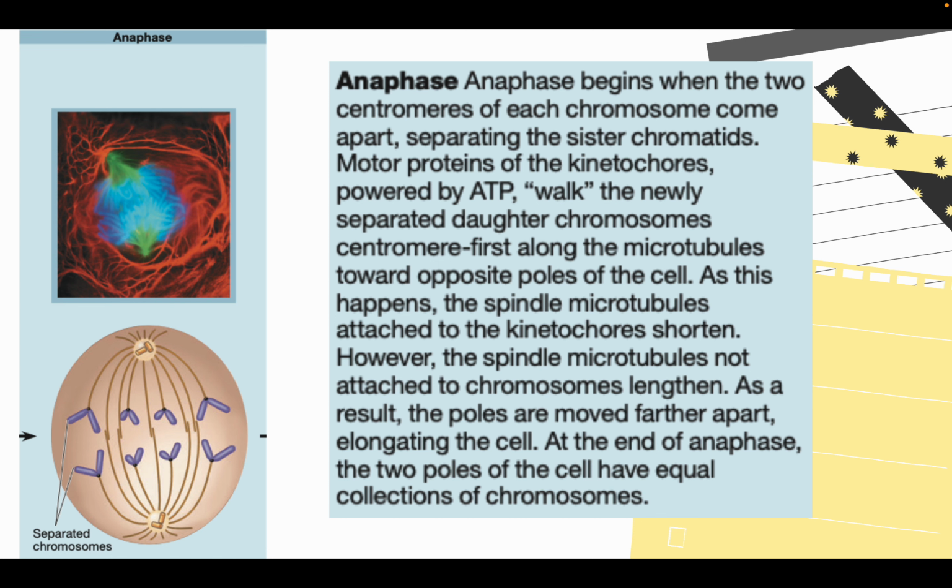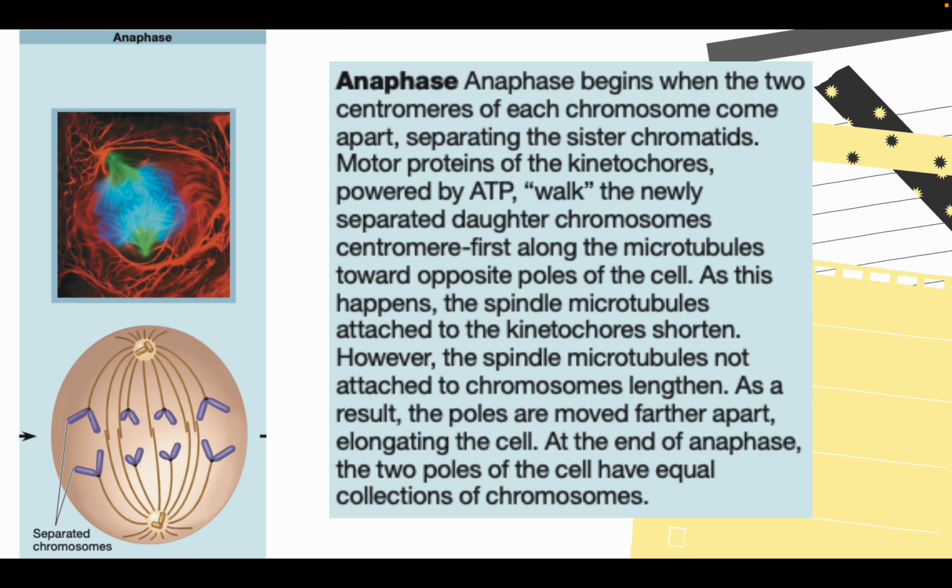In anaphase, the cell divides its genetic material in half, with one set of chromosomes going to each end, to the North Pole and the South Pole, or whatever the direction is, as long as they are going to separate ends of the cell.